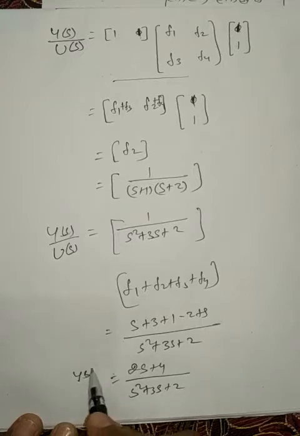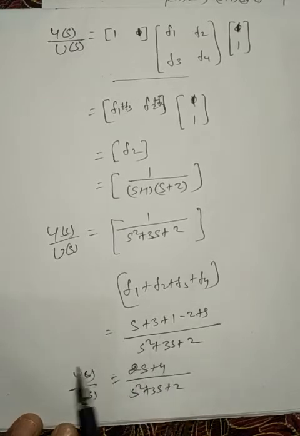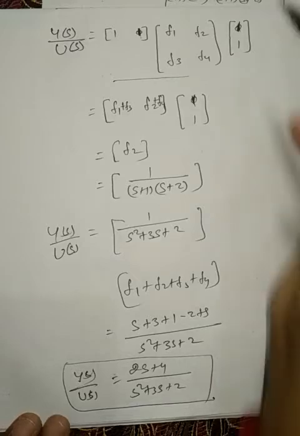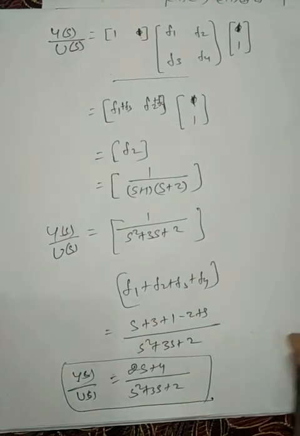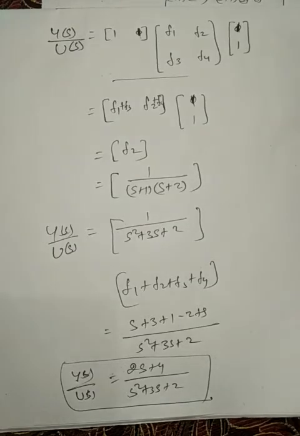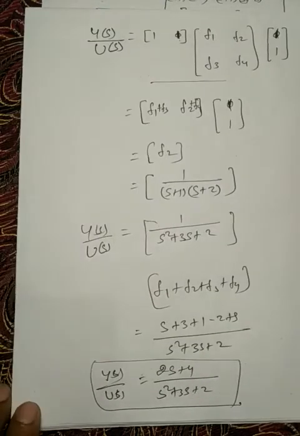This is our Ys over Us. In case we have b equal to 1 1 and c equal to 1 1, then, right? So this is the method to find out the transfer function.